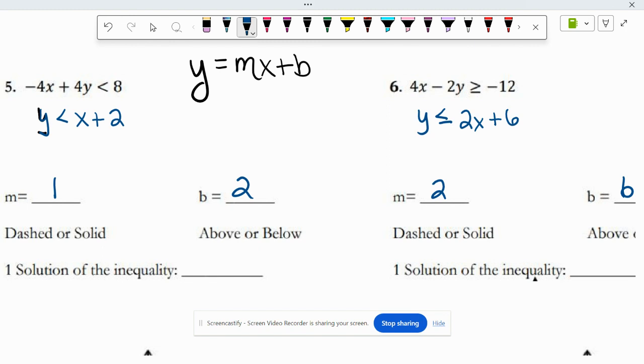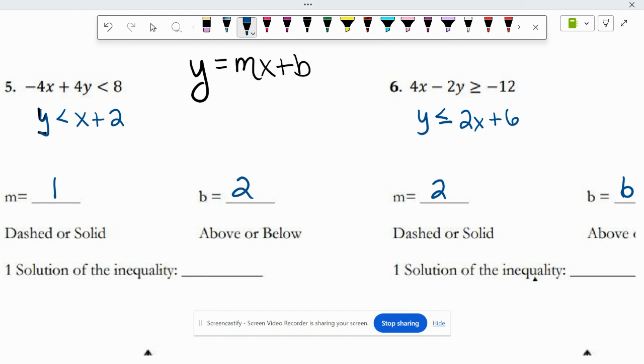So if you think about it, this is your slope and then the number attached to it. Number 5 is easier than number 6. If you're doing number 6, watch out for that negative. Your slope is not -4 when you solve for y.